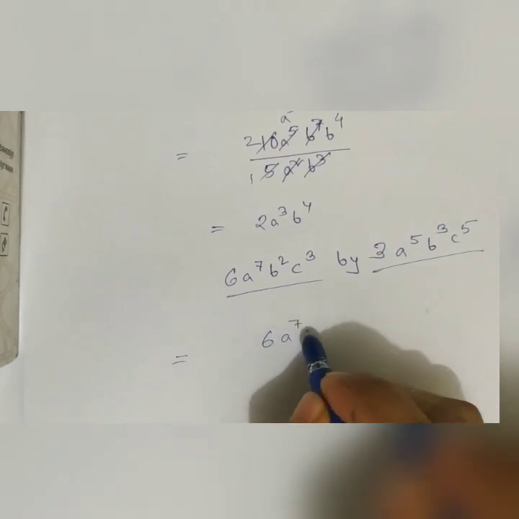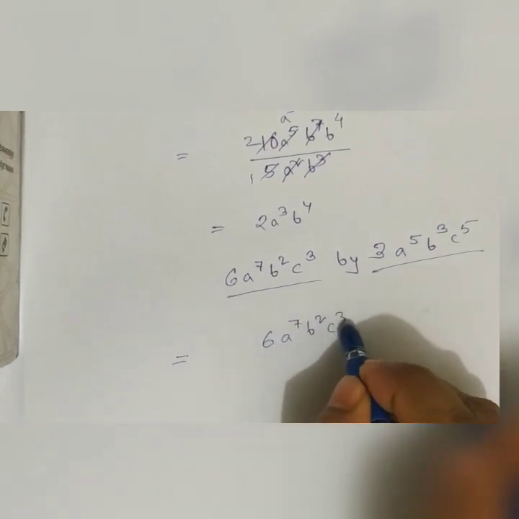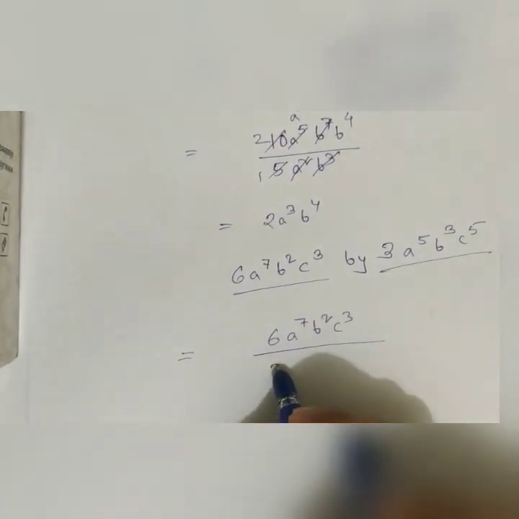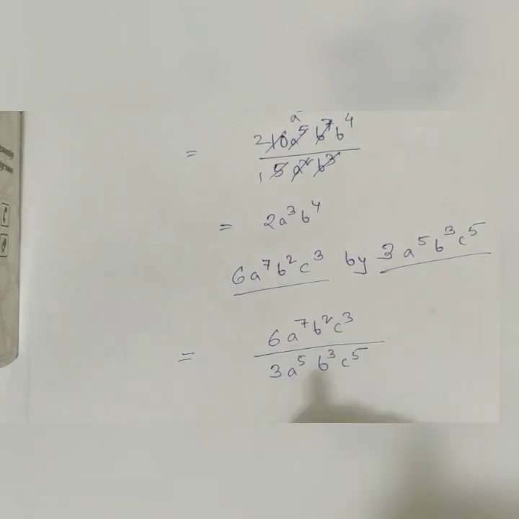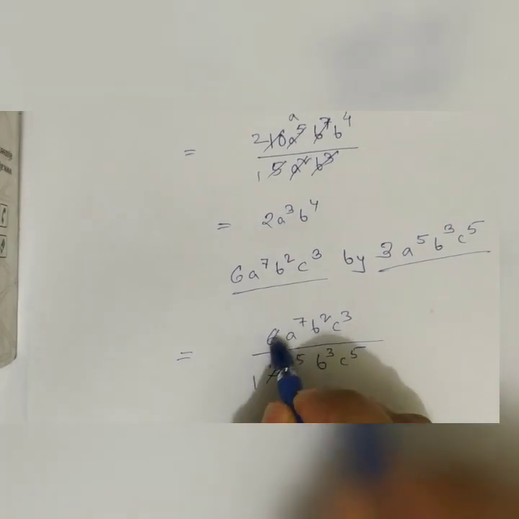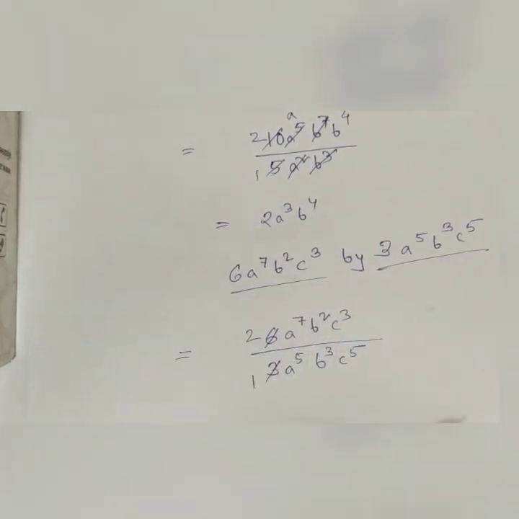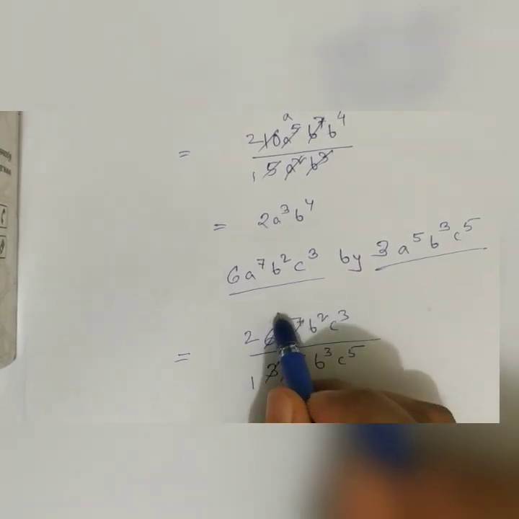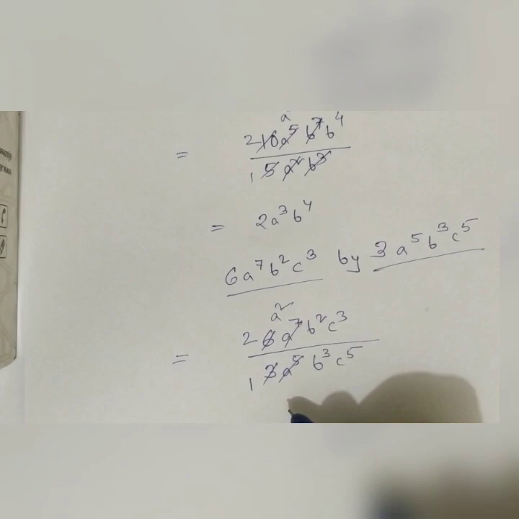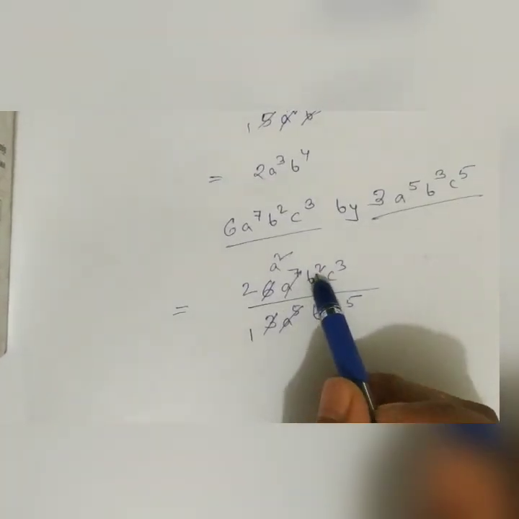We write this first, then we write 3 a to the power 5 b cube c to the power 5. Now 3 1s are 3, 3 2s are 6. That's easy. Again a to the 5 and a to the 7, where the power is greater, we write the answer over here, a square. Now you see b square by b cube.